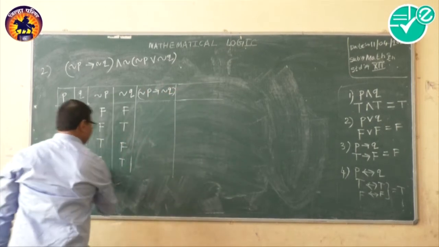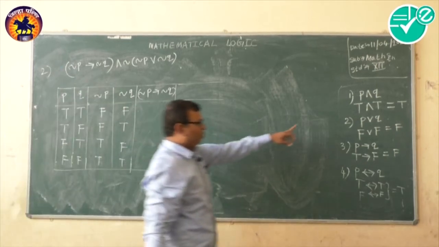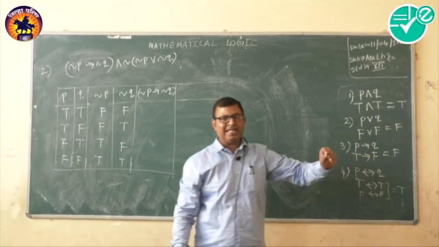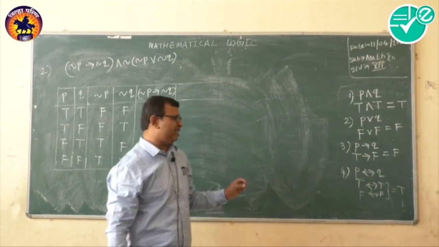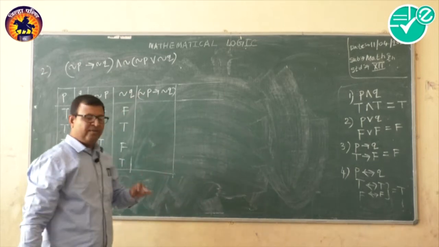For solving this, first of all, what is the definition of implication? The definition of implication is if P is true and Q is false, then it is false.